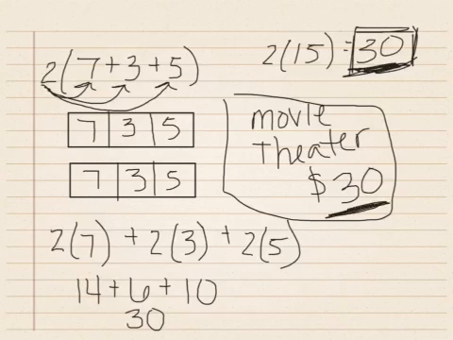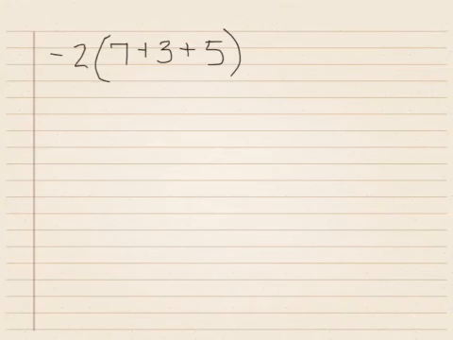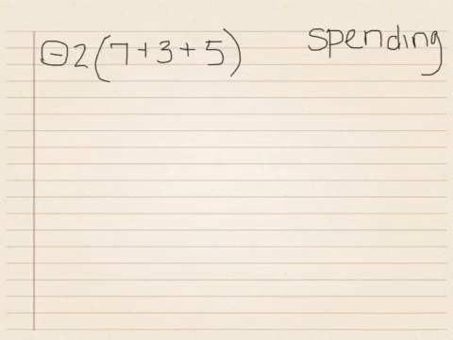Now, thinking about the opposite of the movie theater earning the $30, we can apply it to the two friends, if they are spending the $30. We can still model it the same way, just by thinking about this negative as the opposite.